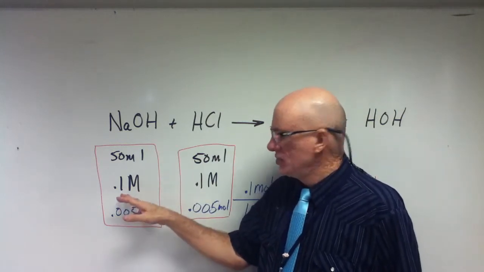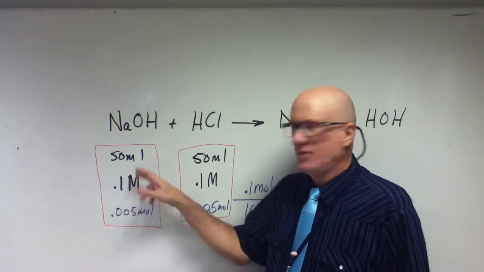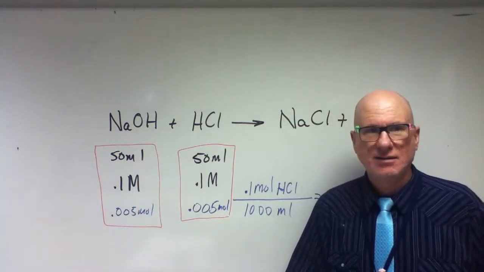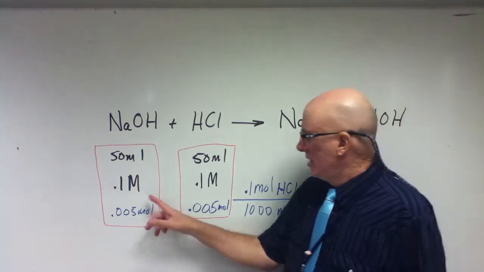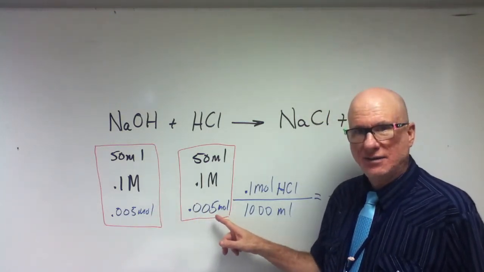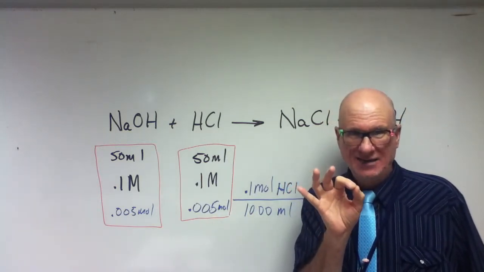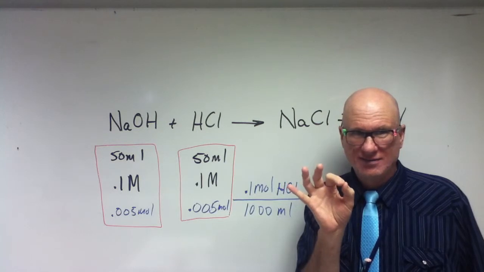What volume of this would I need if I'm using 0.1 molar? What volume will I need? 100 milliliters. Because this would be 0.010, correct? Of hydrogen ions. You get it? Yes or no? Yes.